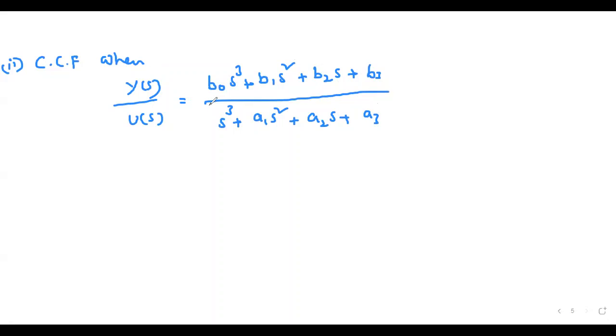In order to take the state variables, we will multiply this total transfer function with the state variable, say the state is x of s.